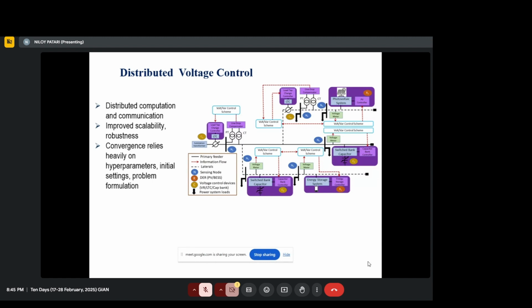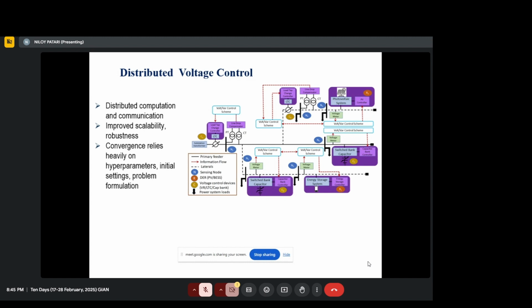Scalability is improved because in centralized control you have all these measurements coming in, right, in DMS, and you're just solving a certain optimization problem. So it's a huge communication burden and computation burden. But in distributed control, there is not much burden because each of the agents has the ability to compute on its own, right?